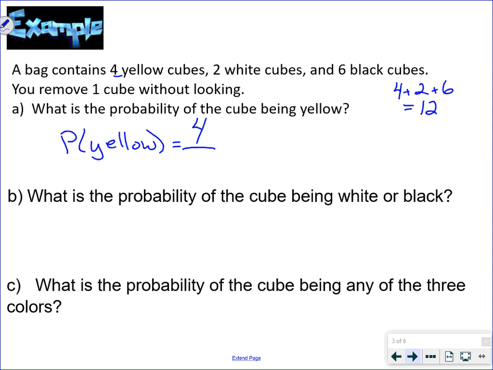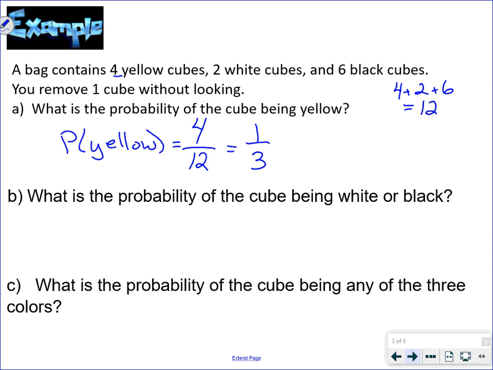So the probability of pulling out a yellow cube is 4 out of 12. Again, we can put this into lowest terms. We divide the numerator and denominator by 4, and that gives us 1 out of 3.